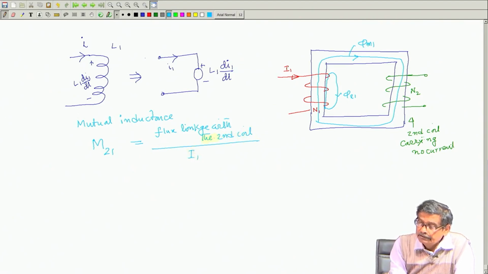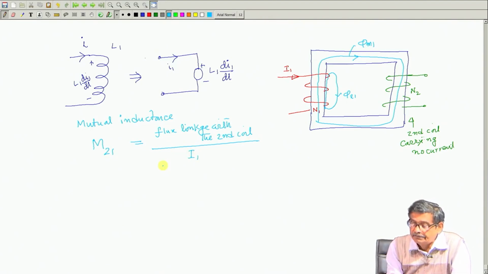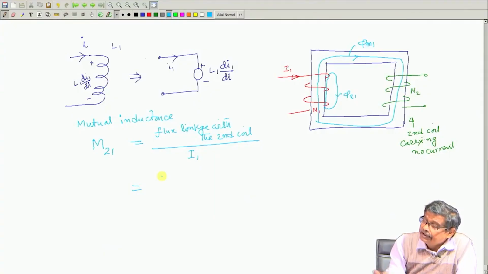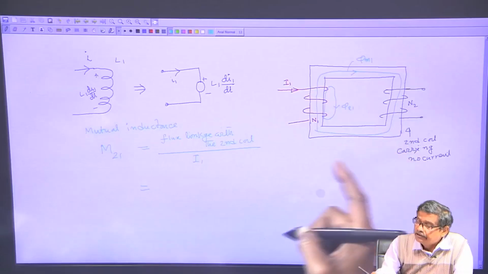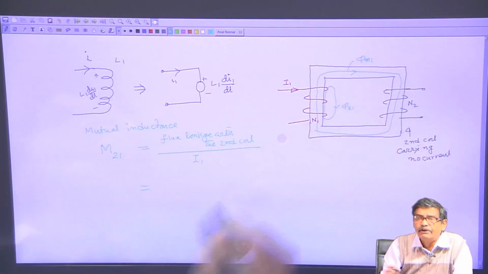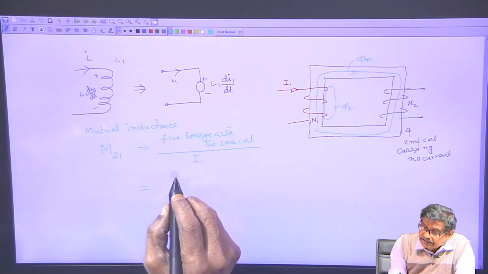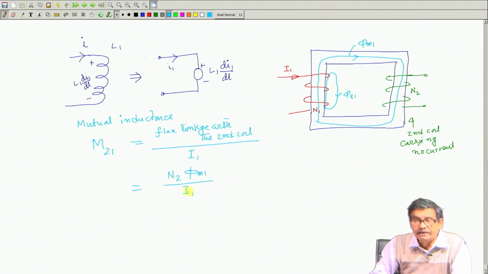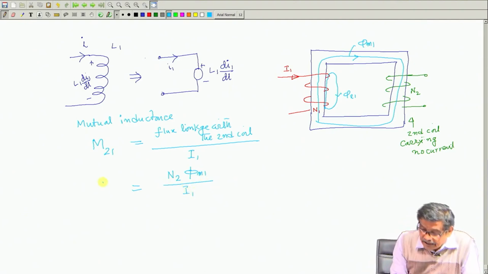So, for I1, whatever is the flux linkage, what is the flux linkage per ampere in the second coil? Now, obviously, you can see it is the mutual flux which is going to link the second coil, phi L1 will only link the first coil. So, I should write, flux linkage with the second coil will be N2 into phi m1 divided by I1, that will be M21.